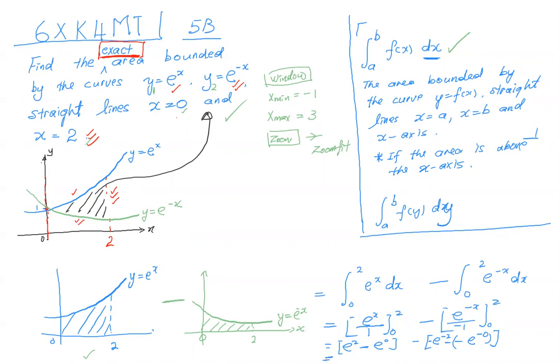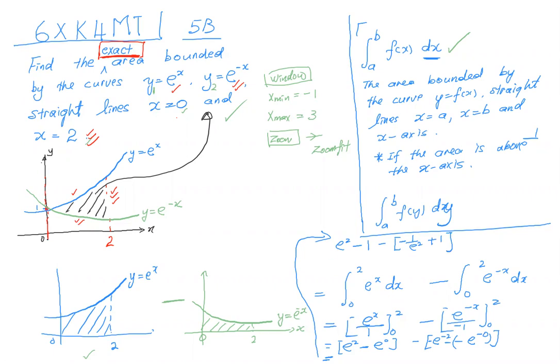Okay, can I write the answer on top here? Without space, okay? So it will be e squared minus e to the power 0, which is 1, take away negative 1 over e squared. Then this one, minus becomes plus. Am I right?